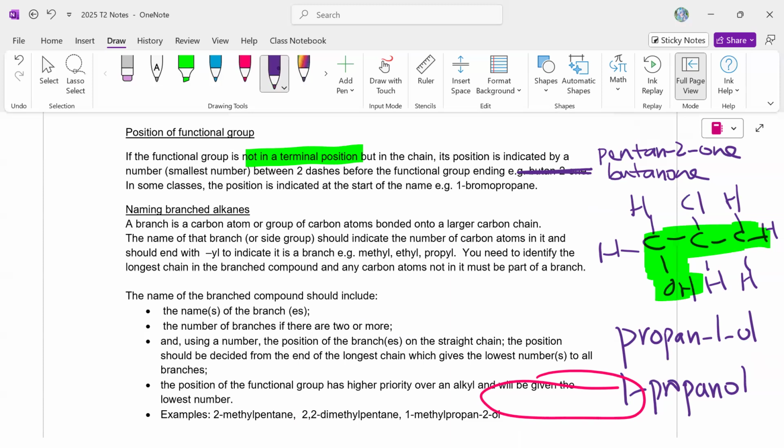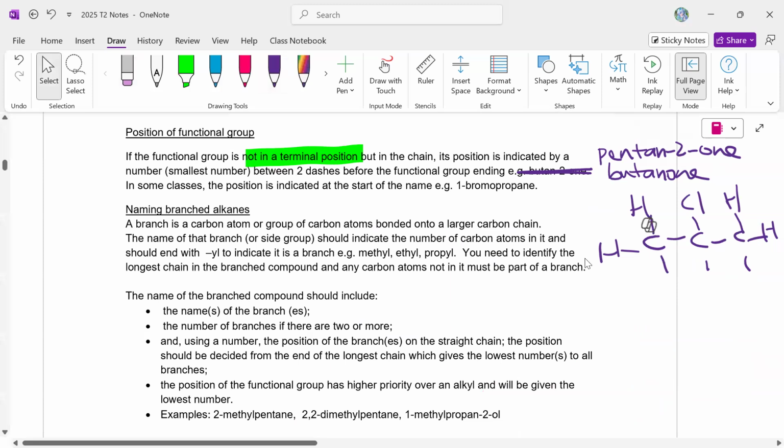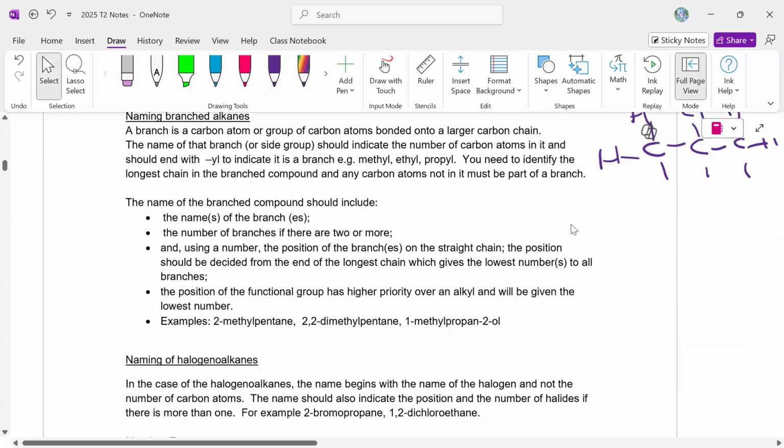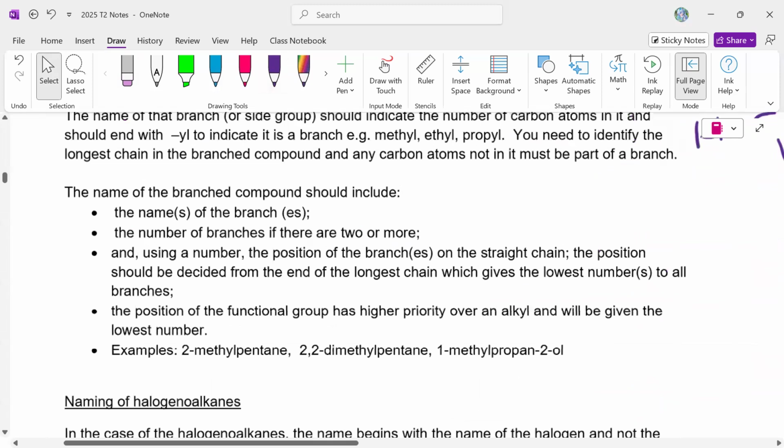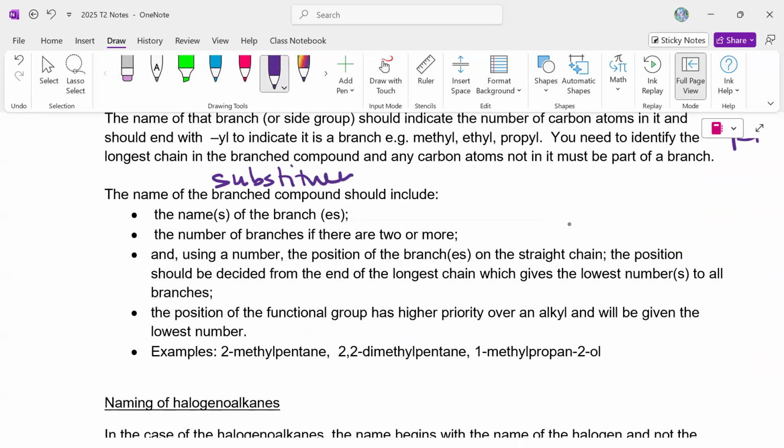So it's 2-chloropropan-1-ol. If you find it confusing, then always put the number inside. Just always put it inside. The name of the branch, which we call the substituent, should include the name of that substituent.